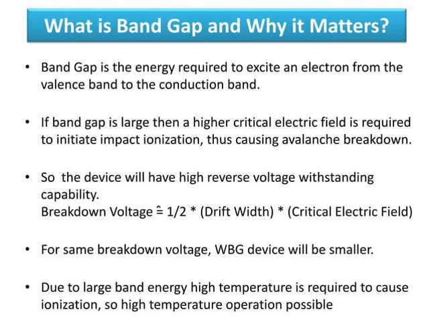This is also used as an advantage, so very high temperature operation is also possible. These two things, that is, smaller size and very high temperature operation, along with the very high critical electric field, can be used for specific applications. This is what wide bandgap devices are potentially helpful in.